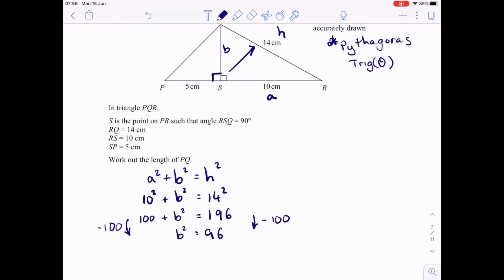Okay, and so B is going to equal the square root of 96, which comes out as 9.79795, and it carries on going forever. Okay, but that's not what we're after. We are now going to use this to work out this hypotenuse.